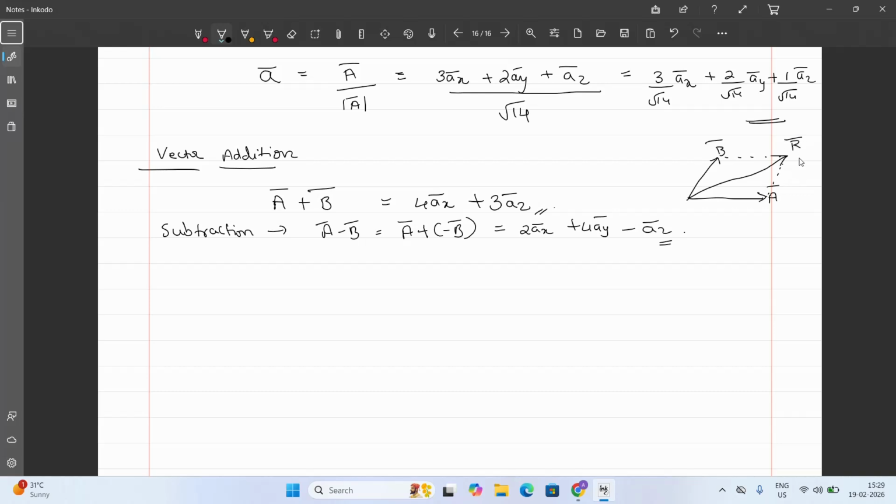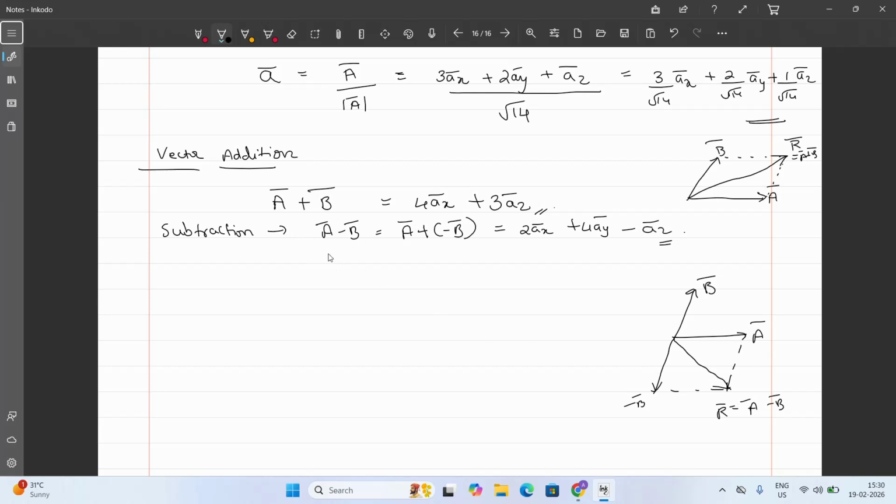This is your resultant, which is A plus B. Now, if I want to do A minus B, your A is here, your B is here, minus B is exactly opposite to B. This is minus B. Now you do the normal addition between A and minus B. This will be your result vector, which is A minus B. This is how you usually do it using the parallelogram law.